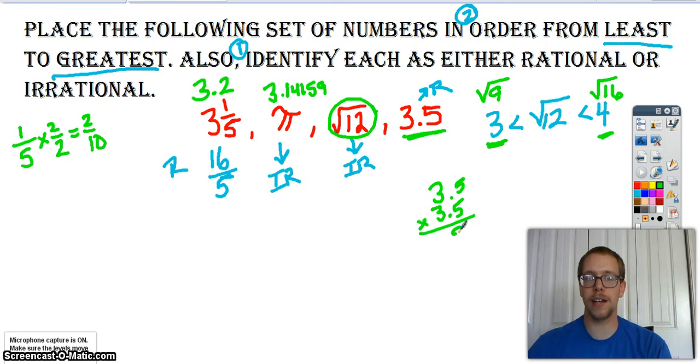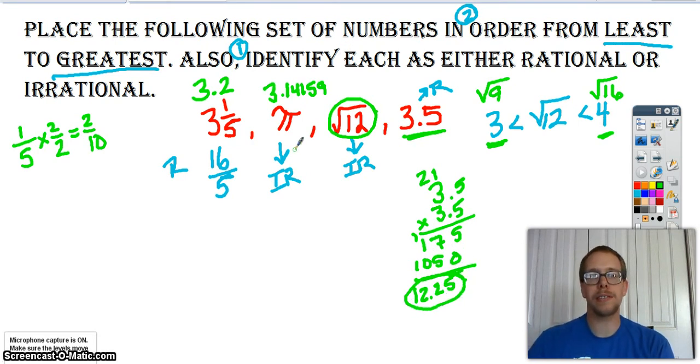Notice 5 times 5, that's 25. 5 times 3 is 15, and 2 is 17. 3 times 5, that's 15. And notice here, we have 12.25. So the square root of 12 has got to be less than 3.5 because 3.5 squared gave us 12.25.